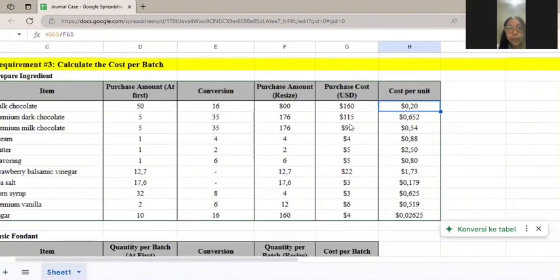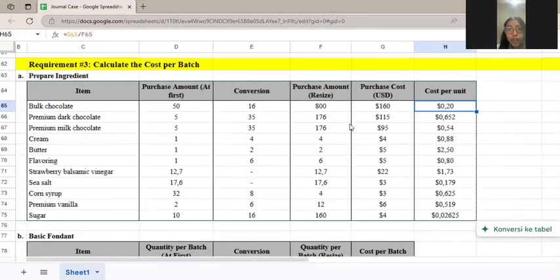So it is purchase cost divided by purchase amount. And we do the rest, until the sugar, all the same.